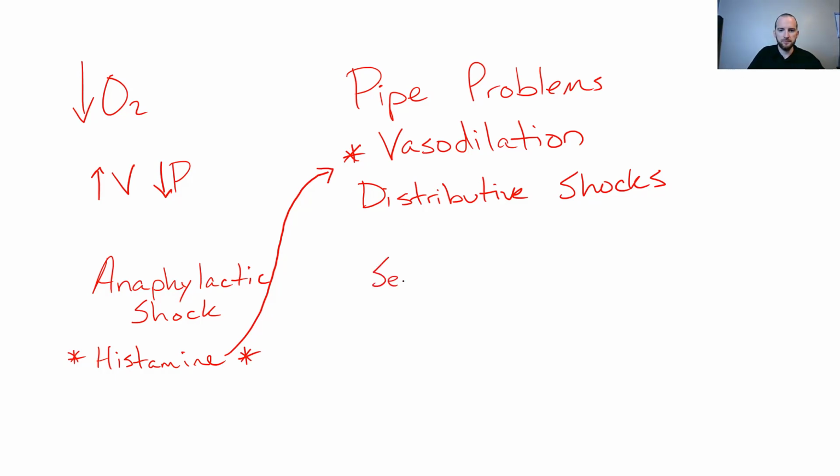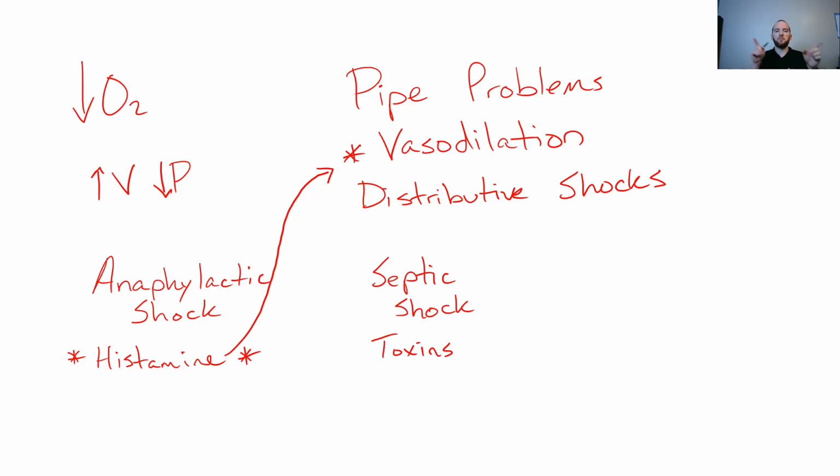Another type is septic shock. Right? In sepsis or septic shock, we have whatever sort of infection that's going throughout the body, and with the infection are all those toxins that are associated with it. And what those toxins do is they start damaging, right?